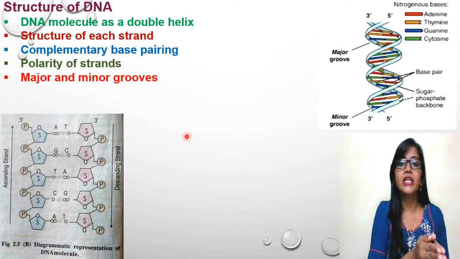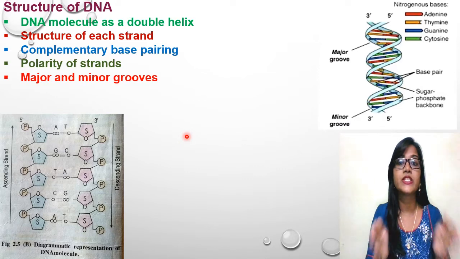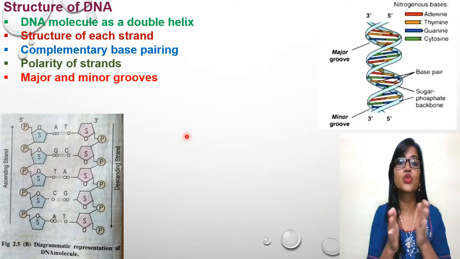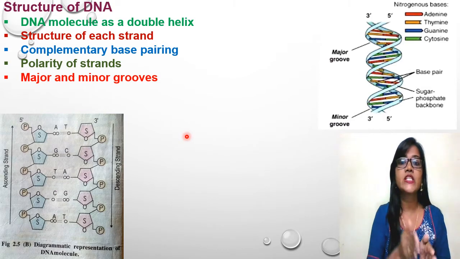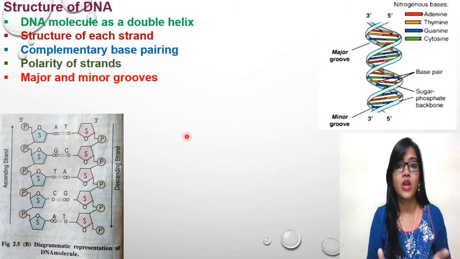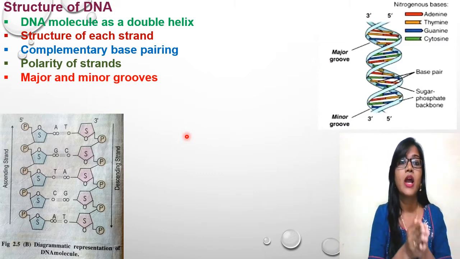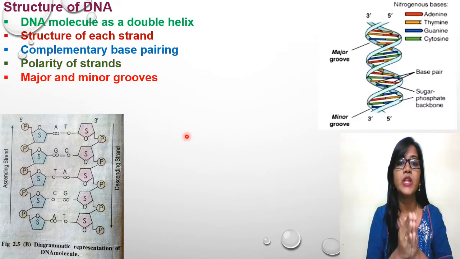So purine base A always pairs with the pyrimidine base T, that is AT, adenine and thymine, by 2 hydrogen bonds, and the purine base G always pairs with the pyrimidine base C, cytosine, with 3 hydrogen bonds. So AT with the double hydrogen bond, and guanine cytosine with the triple hydrogen bonds.